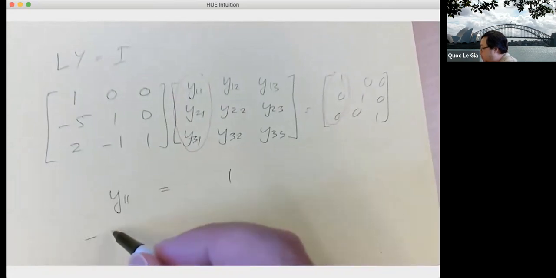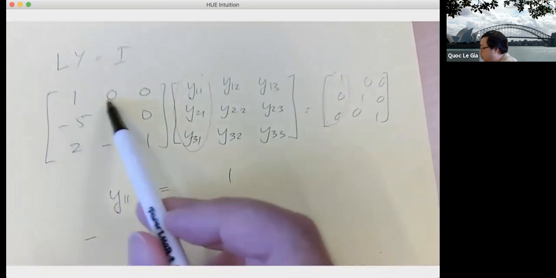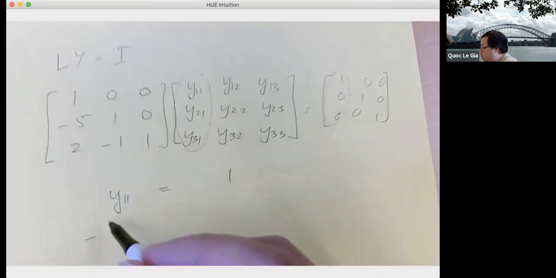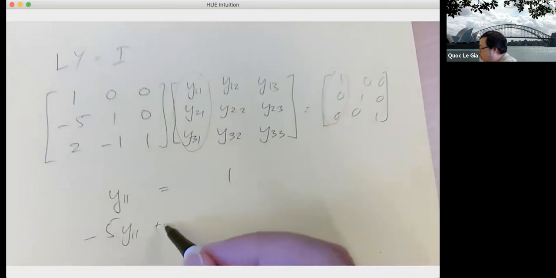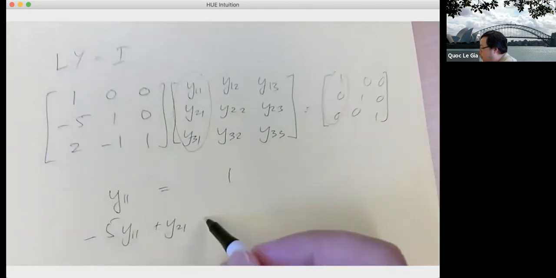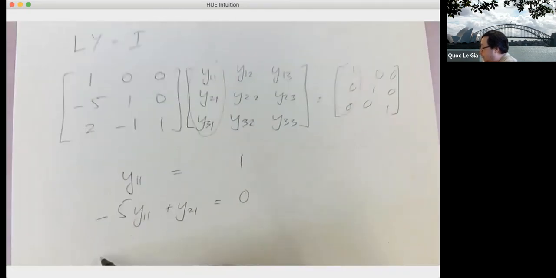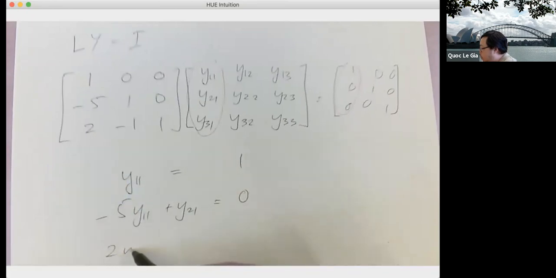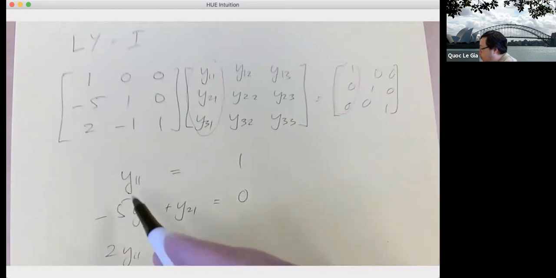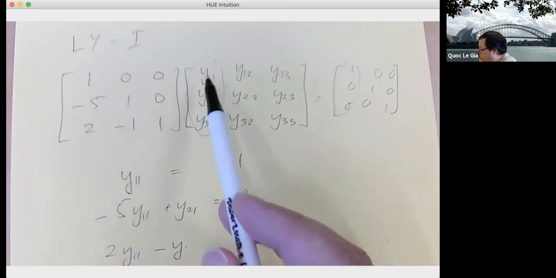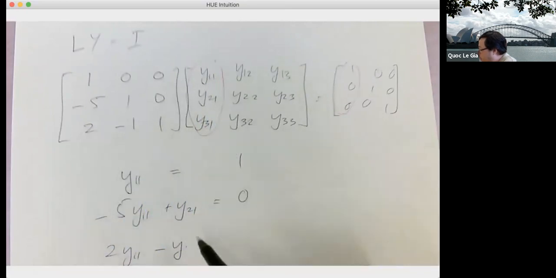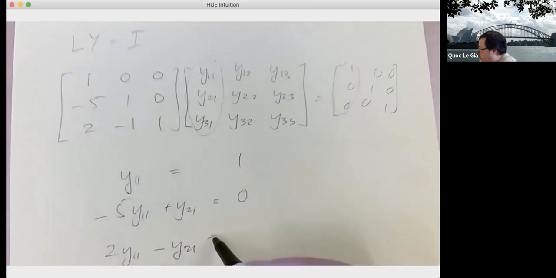And then minus 5, so the second one is minus 5 Y11 plus Y21 equals 0. And the last one is 2Y11 minus Y21 plus Y31 equals 0.